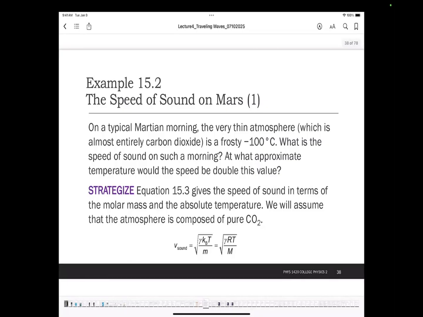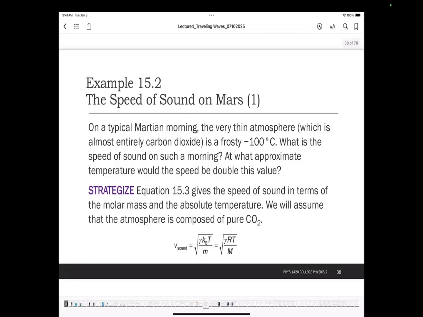On a typical Martian morning, the very thin atmosphere, which is almost entirely carbon dioxide, is frosty, like negative 100 degrees. What is the speed of sound on such a morning? And at approximately what temperature would the speed be double this value?